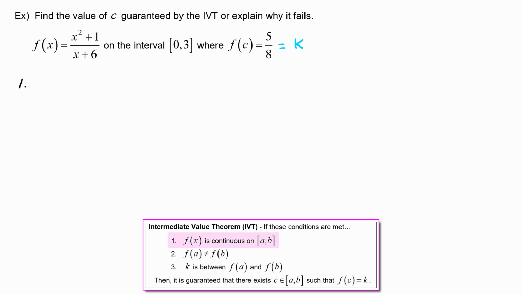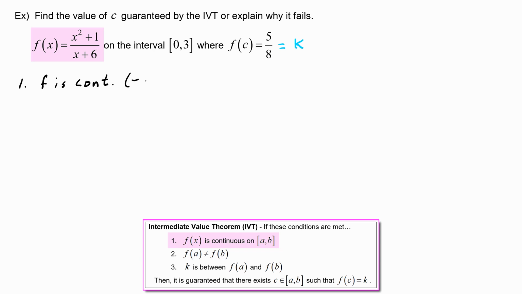First, we have to show that f is continuous on this interval from 0 to 3. We know rational functions are continuous on their domains. We have to exclude any x value that would make the denominator 0. So that means f is continuous everywhere except at -6.